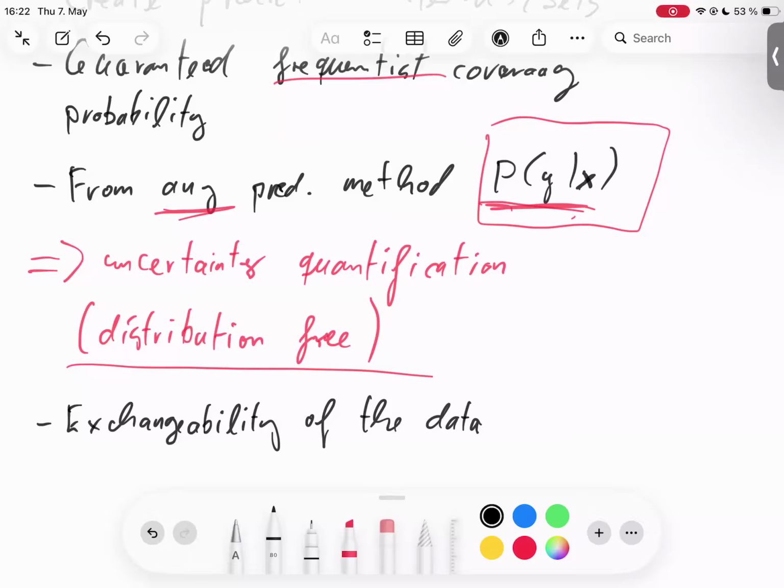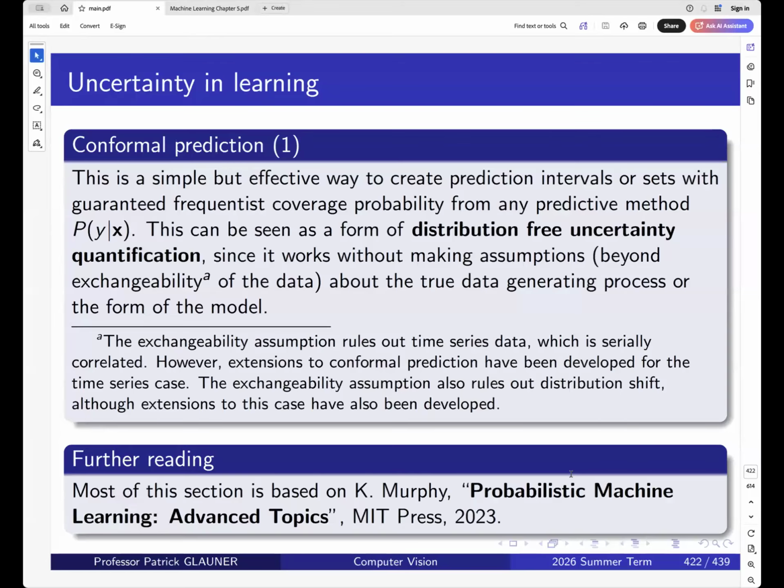So that's the idea of conformal prediction. Everything I've just said is available in this slide. I just wanted to develop this briefly with you. And what I'm showing you now for the remainder of this lecture comes from the Murphy book.